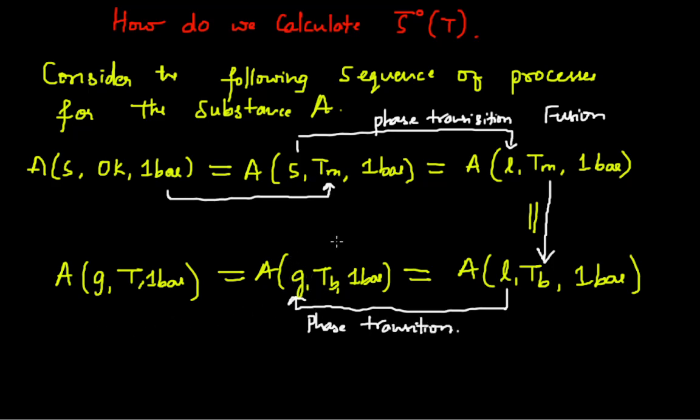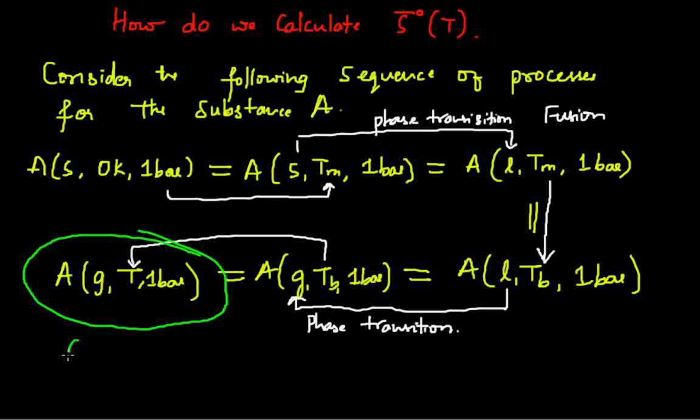And again from here to here the temperature is increasing. Now what we want is to calculate the entropy of this gas, and this can easily be calculated using this relationship.